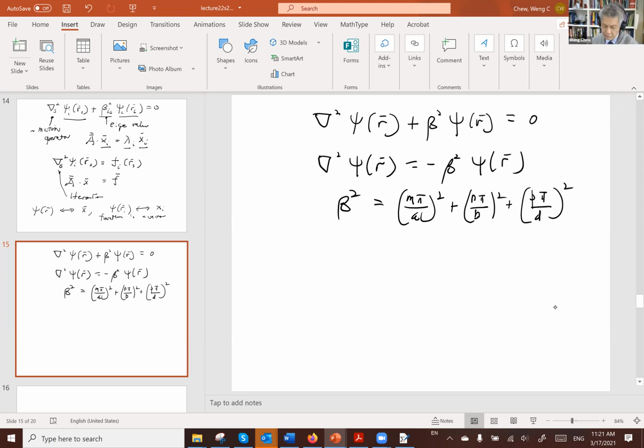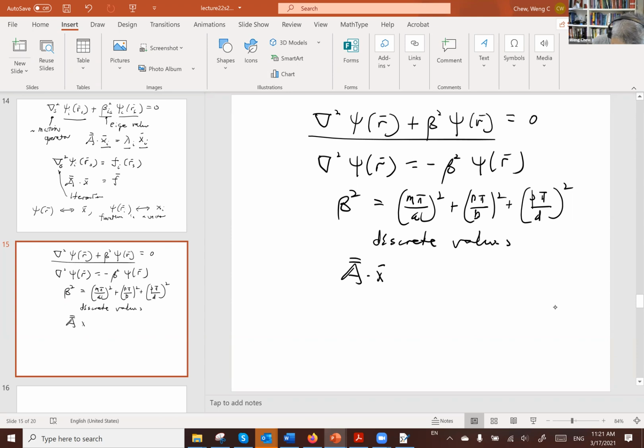So these are discrete values. And again, I can say that this is very much analogous to this problem. Hence all the modes of the rectangular cavities should also be orthogonal to each other, for the same reason that eigenvectors of a matrix operator are orthogonal to each other.